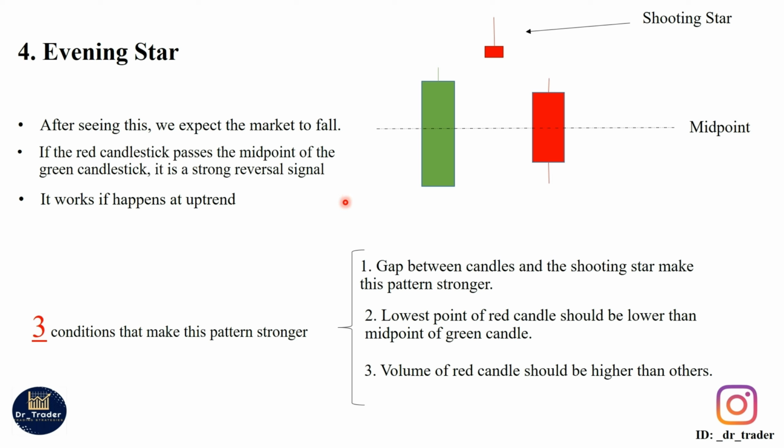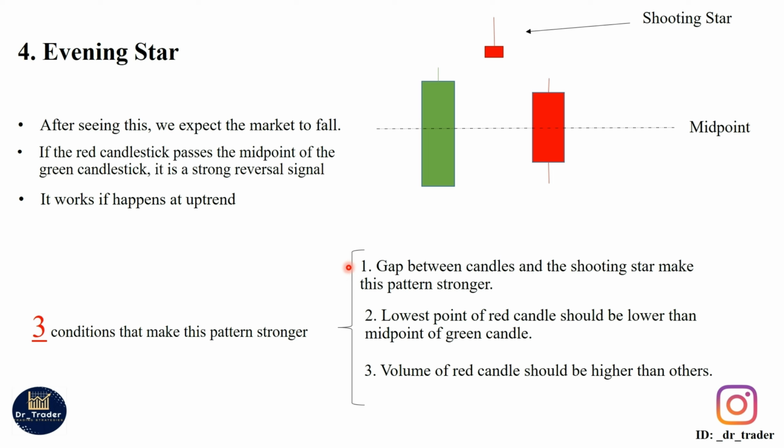One of other candlestick pattern that is so vital to learn is evening star. Evening stars mostly happen at the end of uptrend, and after that, the market gonna fall or change its trend to downtrend, and the price gonna decrease.